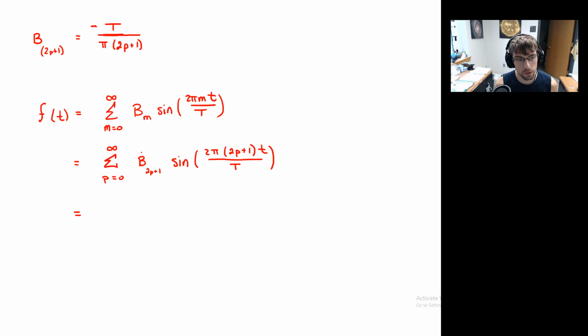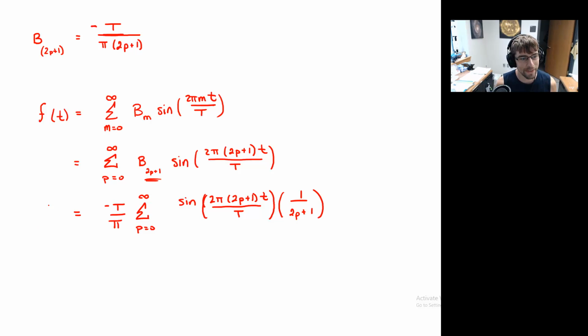And what do we have here? Of course, I've got an expression for this now. So I can write negative T divided by pi, summation p equals 0 to infinity of sine of 2 pi times (2p plus 1) t over T, times 1 over (2p plus 1).